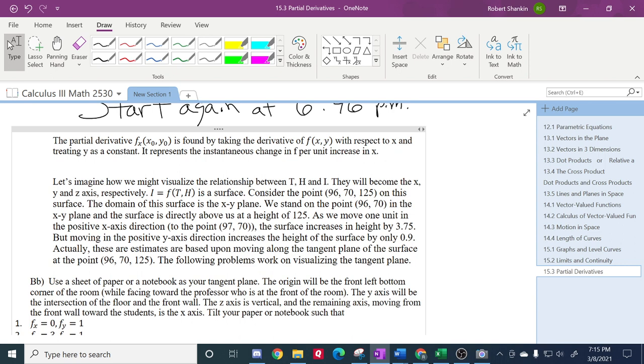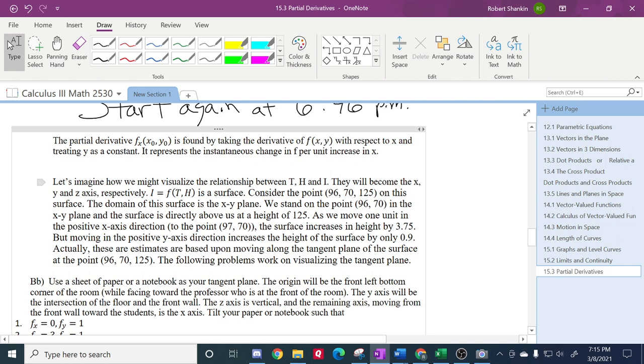On that tarp sitting up there, at a particular point, there's only going to be one plane that's tangent to that surface and will just nick that point. And on that tangent plane, these are the things that are going to be happening.